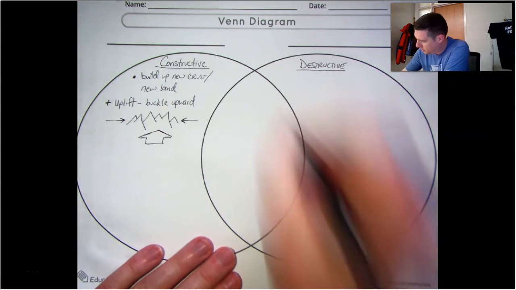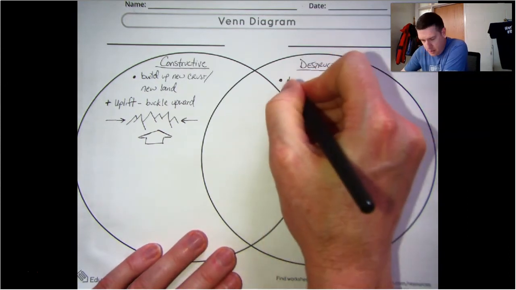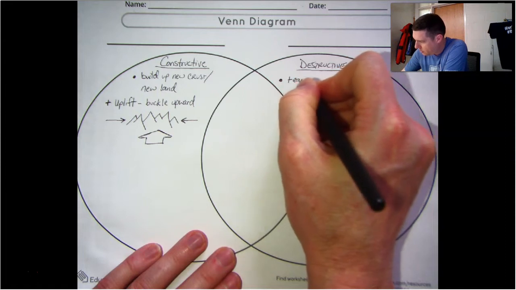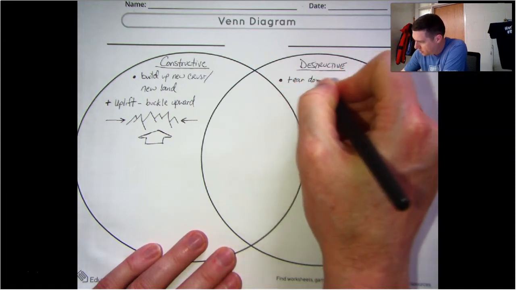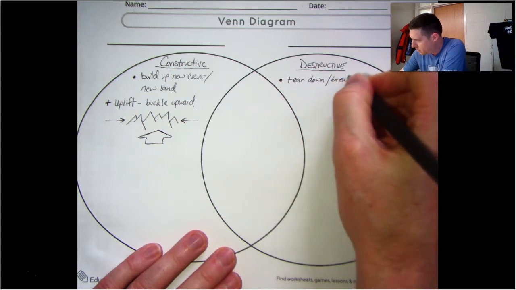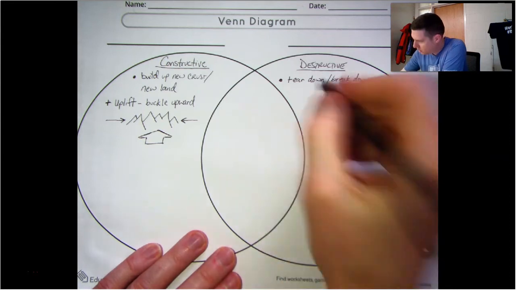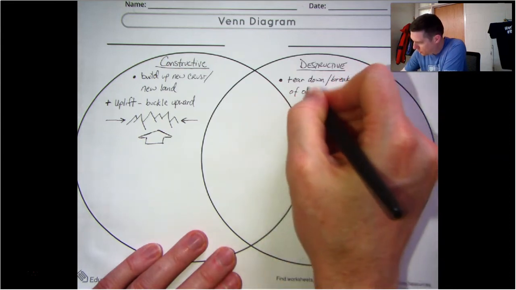Now, what about destructive? Well, it's kind of the opposite. It is the tearing down or breaking down of old crust or old land.